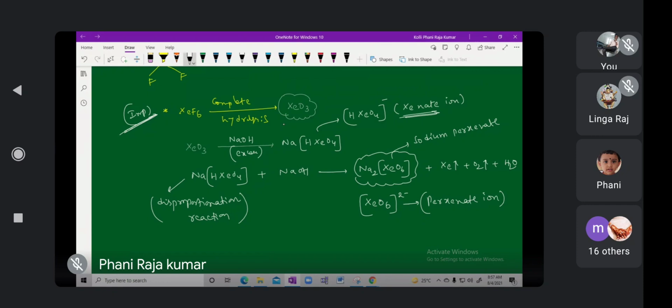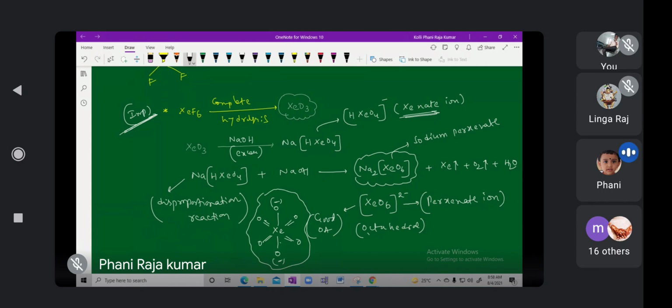XeO6 4 minus ion, perxenate ion, a good oxidizing agent, has an octahedral structure.